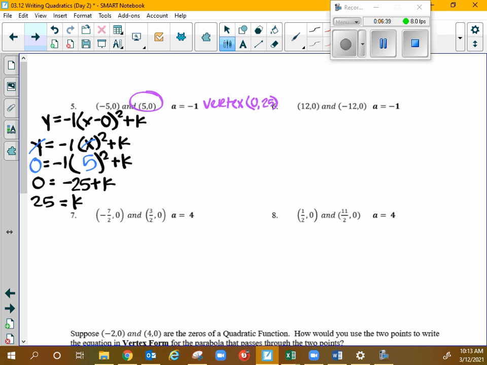So I can write my function. I'm not going to mess with this x minus 0 business. I already know I can just write x squared. So my equation: y equals negative x squared plus 25. So this is a scenario where your standard form and your vertex form are the same. The vertex is the y-intercept.